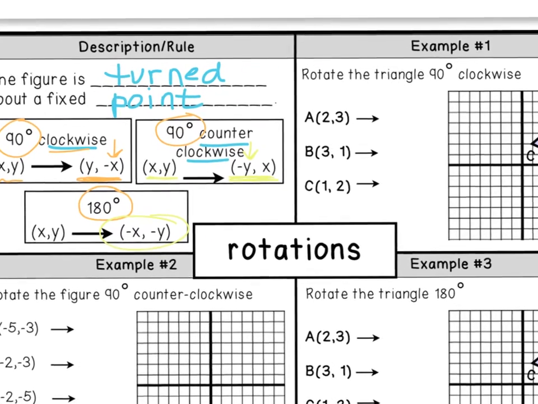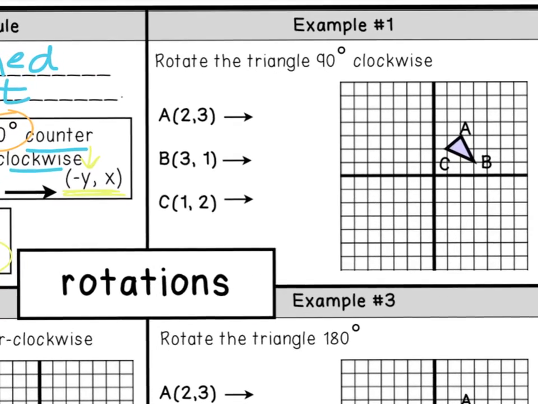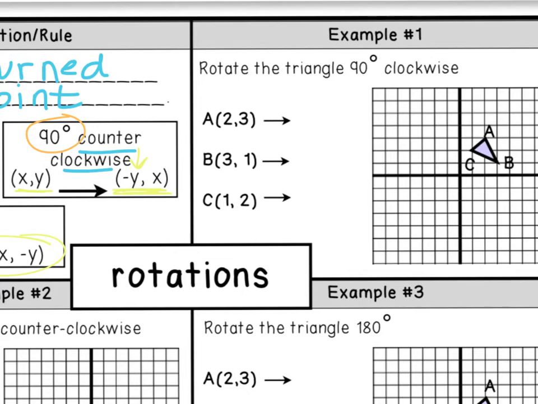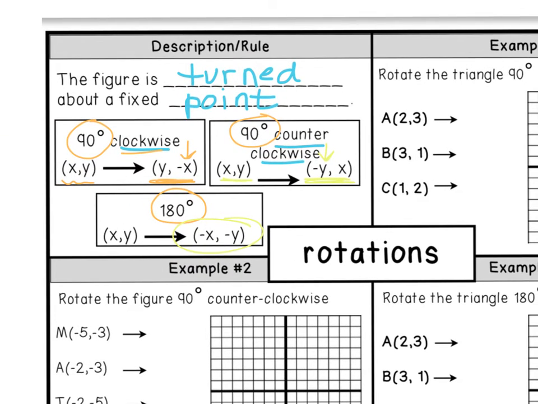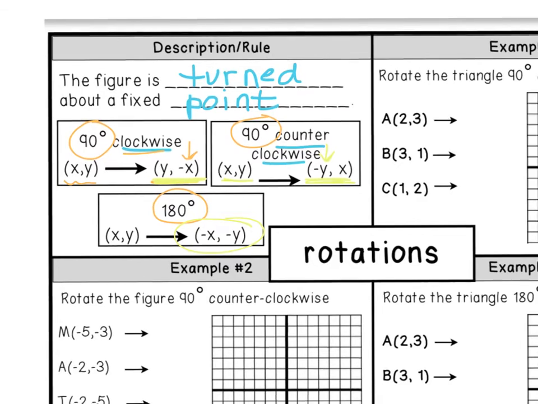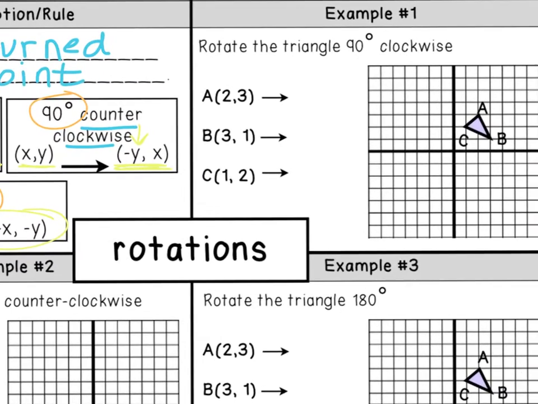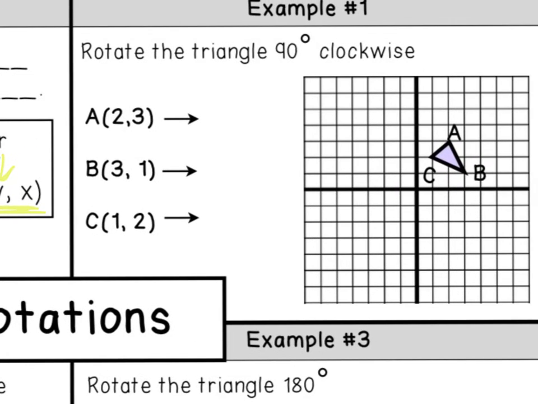So let's practice this. So our first example is a clockwise turn 90 degrees. So we're going to invert, we're going to change the x and y and make the x negative. Okay, so clockwise 90 degrees means this triangle is going to turn and come down into the next quadrant here.